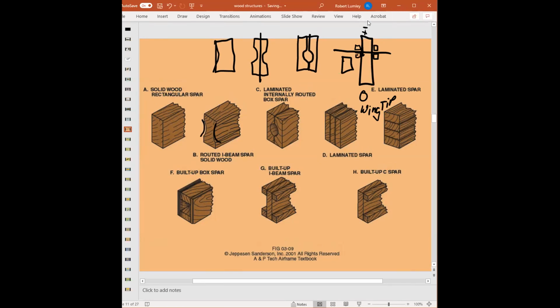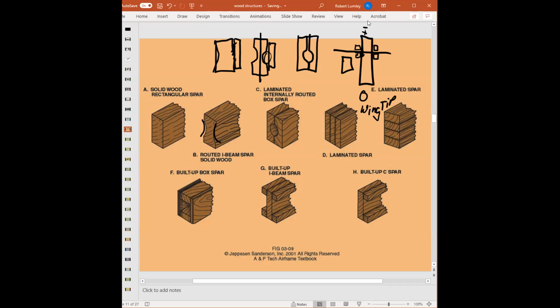That wood block is glued to the spar, but also to the rib. And that's why we need a flat surface, because if we glued that block like so, we would have a big gap. By having a complete flat surface, we have a greater amount of glue area. And that's why they would do that.